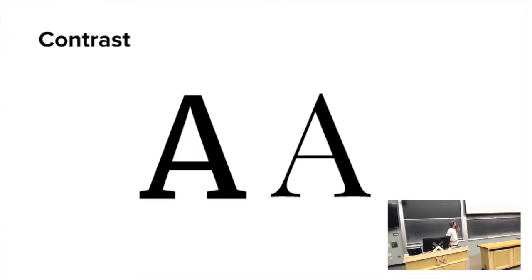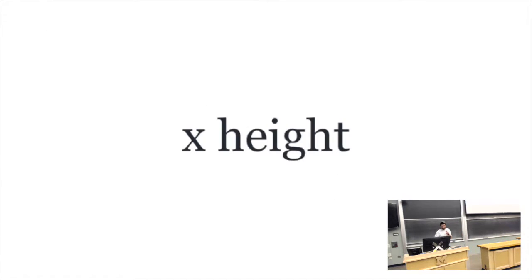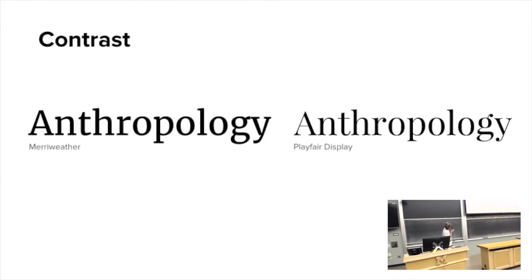When you're writing with a pen, there's a thick side and a thin side, and the fonts on the right are artifacts of how people used to draw shapes. On the left, it's a lot thicker. And again, on screens, when you're working with really small things, generally less contrast, more evenly shaped letters are easier to read.